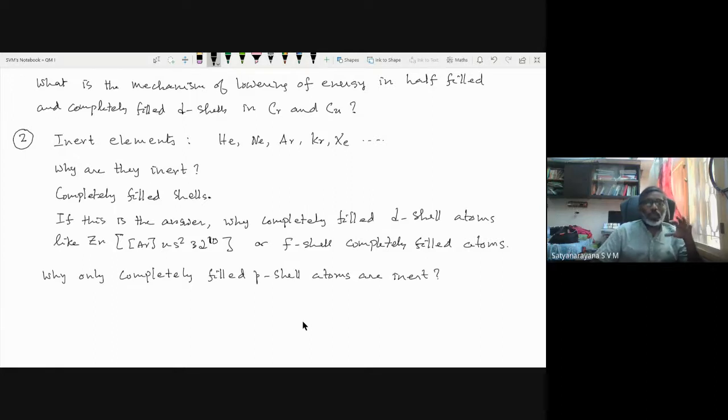To describe that, I have to tell you a little more about many particle states and many particle wave functions, which we will probably study in quantum mechanics 2 next semester.